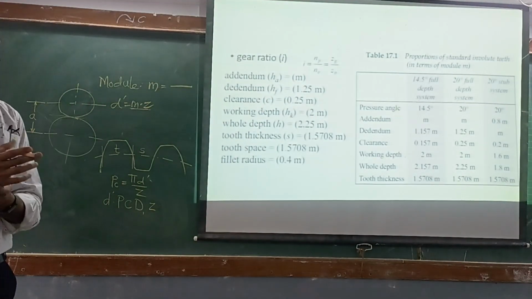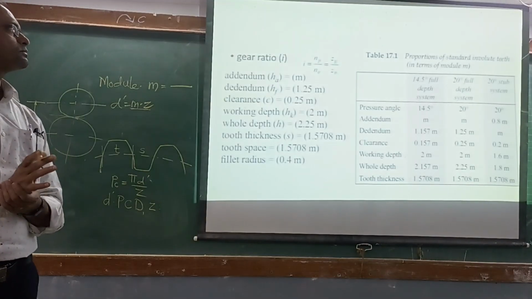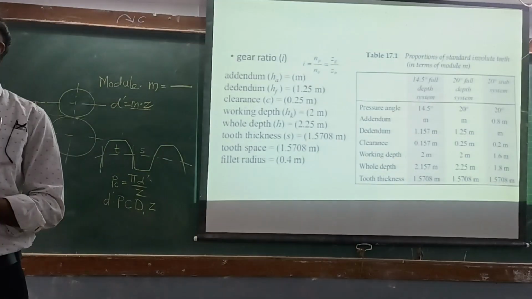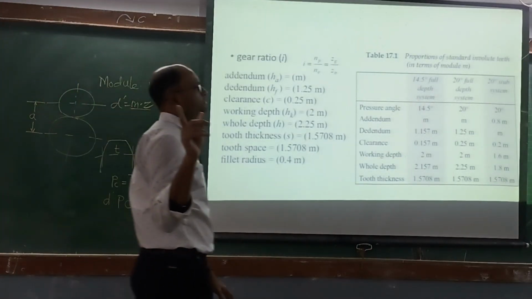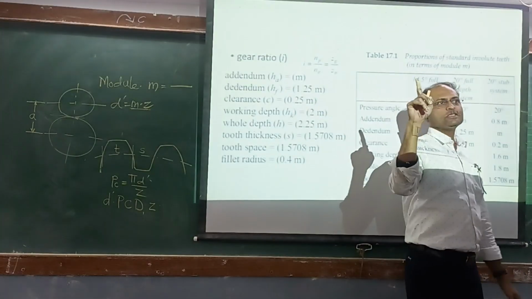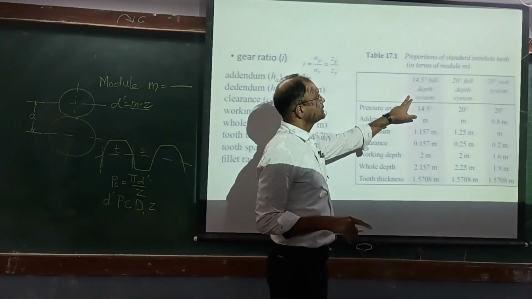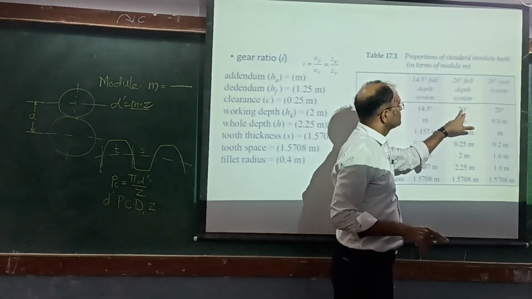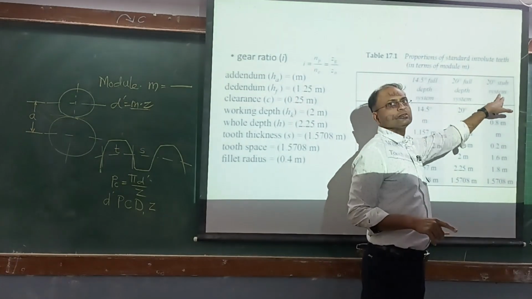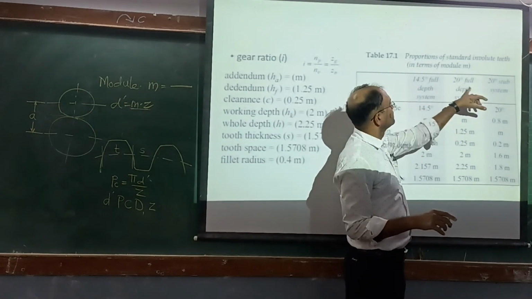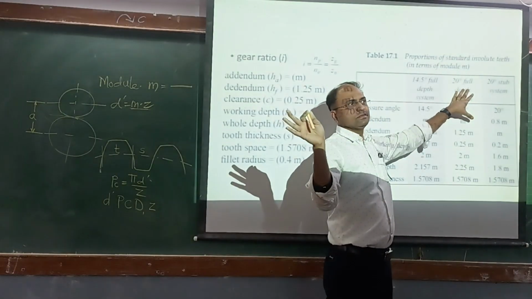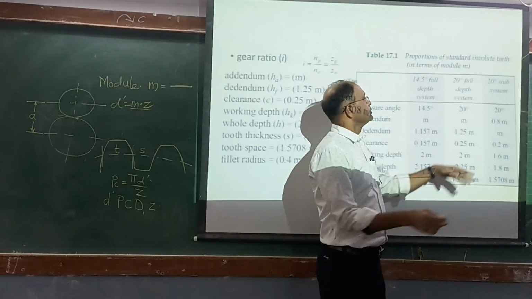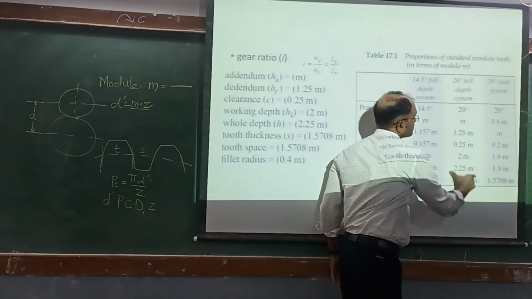Standard proportions. Now these proportions are for which system? Just please pay attention here. There are three systems as shown in the diagram. 14.5 degree, 20 degree full depth, 20 degree stub system. Now these are some systems of gears depending upon their manufacturing method. So we generally use this one.